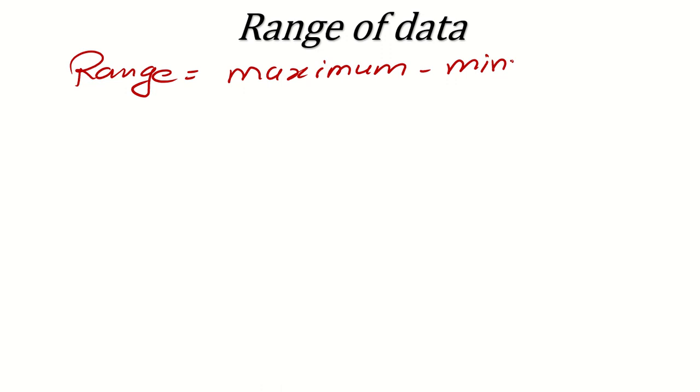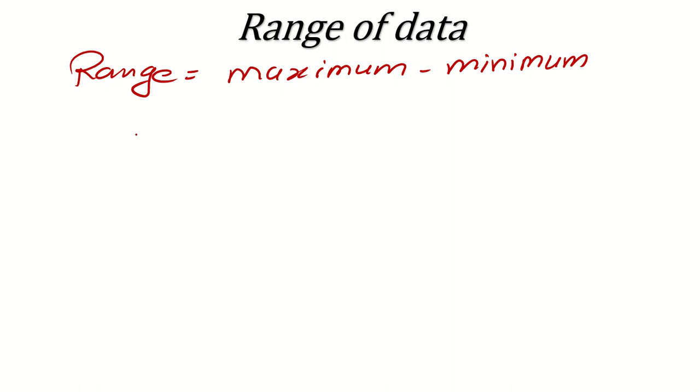Okay. Now, this is range of data. What is the range? Range means, it's a simple formula, maximum number minus minimum number. Maximum minus minimum is called the range.